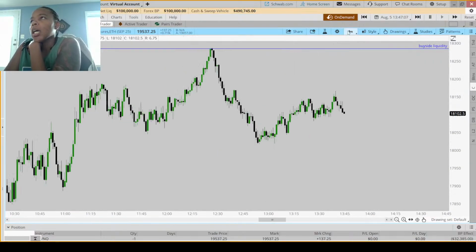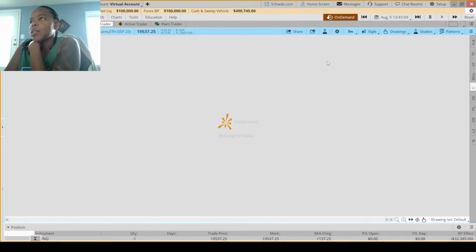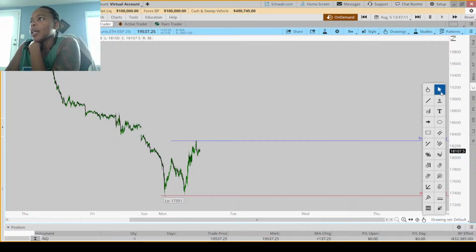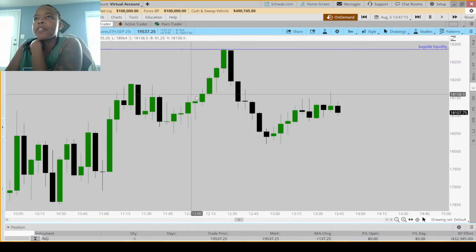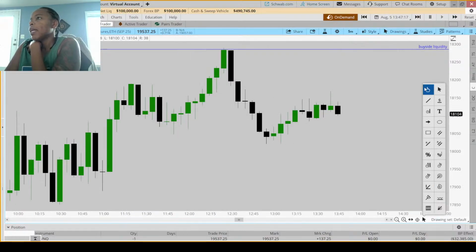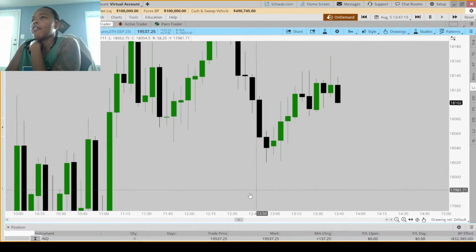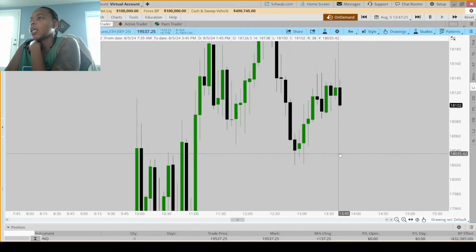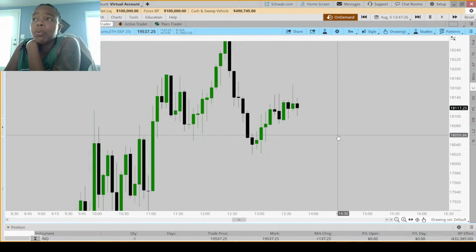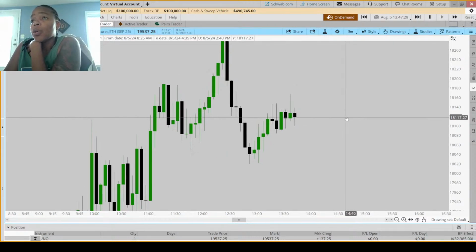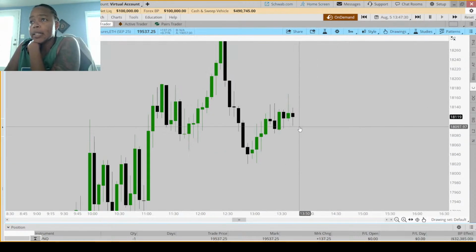What I like to do is, if they've already taken the highs out that I'm considering, especially after they've had a shift like this, my next thought is: do we have a fair value gap that can act as an entry point for me, or one that's acting like a catalyst?